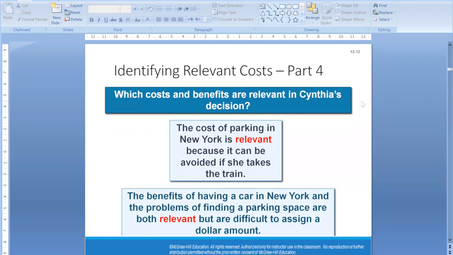The benefits of having a car in New York and the problems of finding a parking space are both relevant, but they are difficult to assign a dollar amount to and cannot be estimated. They are relevant, but if I cannot measure them, then I will not consider them in my decisions.